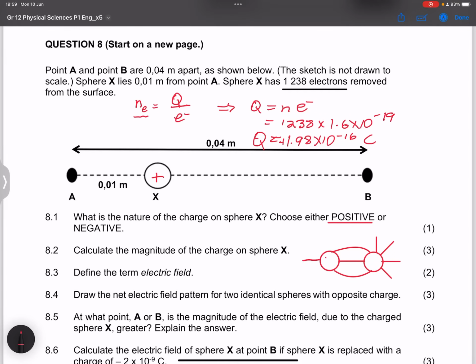And please remember, from the positive side, the field lines would be moving away, or moving out. They move away from the positive but towards the negative. So these ones would have the lines moving in. So this is negative.